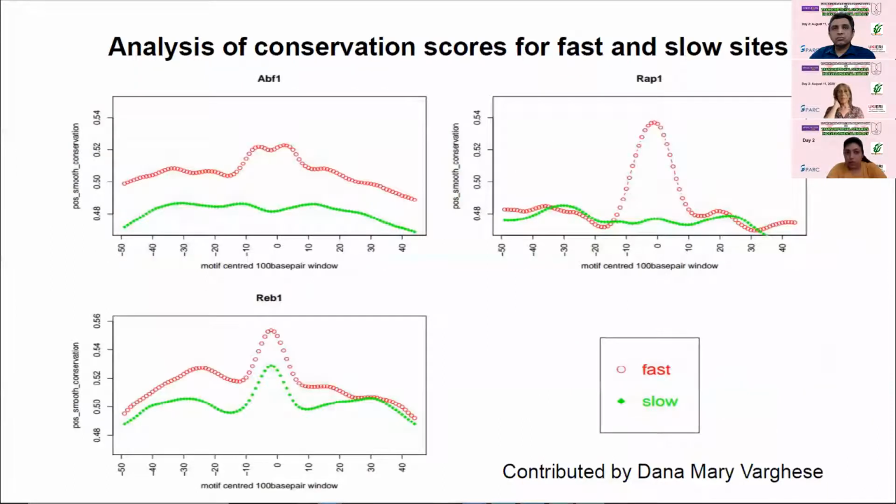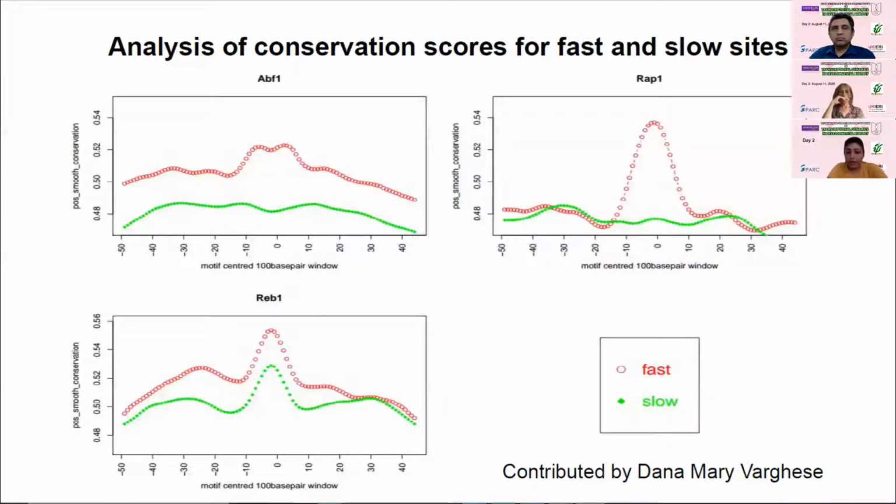Then we went on to the analysis of the conservation scores for the fast and slow sites. This shows the conservation score analysis for 3 different transcription factors that were analyzed, that is ABF1, RAP1 and REB1.